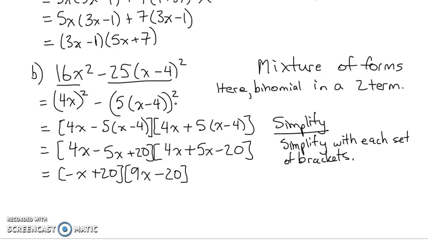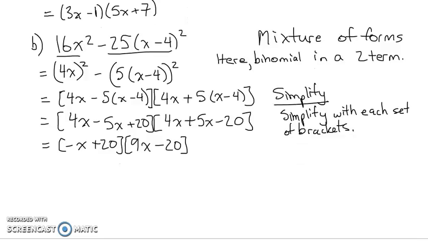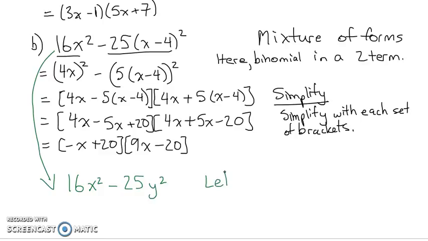Now, if that was difficult for you to see exactly how that worked, there's one other way to think about this question. I'll just draw this in a different color so you can see this. But what we could do instead is when we get that first line, we could try to write that as the following. 16x squared minus 25 times y squared, where we've let y equal x minus 4.